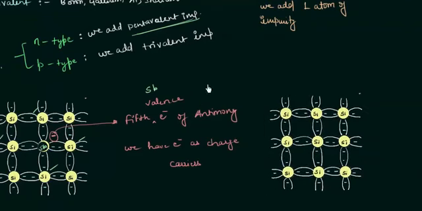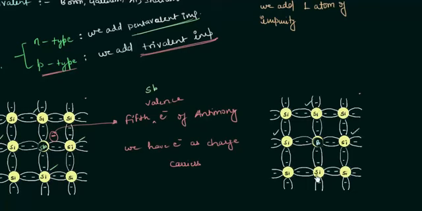In the same way, if you approach for the p-type semiconductor, then I will again paste this diagram, and I will add trivalent impurity. In p-type we will add trivalent impurity, and I will remove this silicon atom, and we will have the trivalent atom. Let's say it is boron. In trivalent we have 3 electrons in the outermost orbit or the valence shell, and these 3 electrons will be combined to, let's say, this silicon atom, this silicon atom, and this silicon atom.